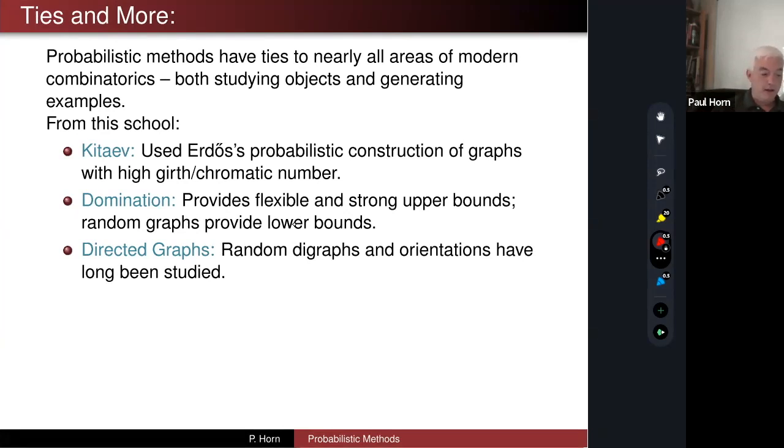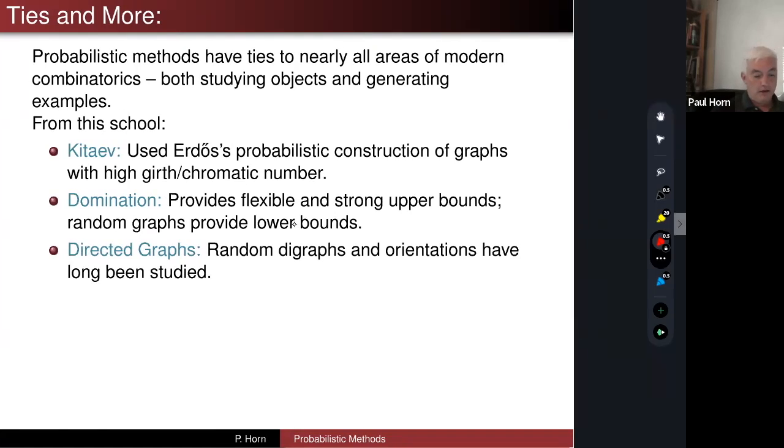This is probabilistic. Professor Henning yesterday mentioned this bound that we proved, and probabilistic methods provide lots of bounds on this. Tomorrow there will be a talk on directed graphs and tournaments, and the probabilistic method plays a large role in that kind of study.